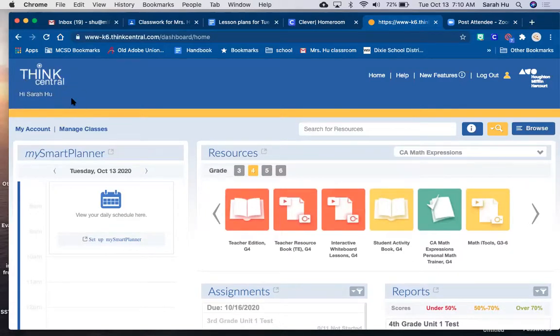Think Central is where you're going to go through Clever, and you should have an assignment already posted for you that says Quick Quiz number 1. So I want you to take that. That's actually your first task today. Do the quick quiz, and then you should be able to complete the rest of your assignments today.